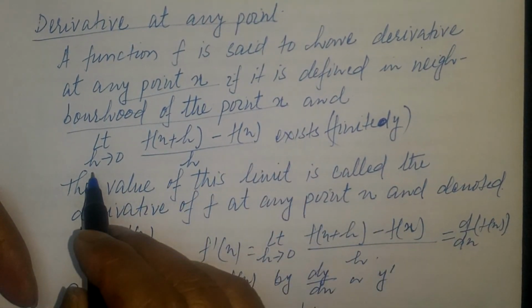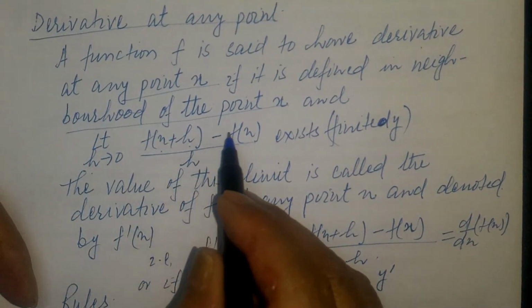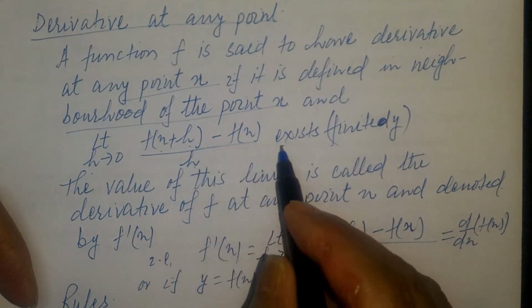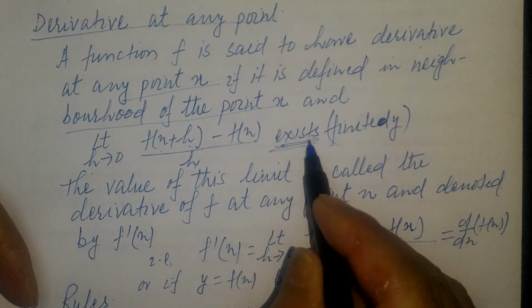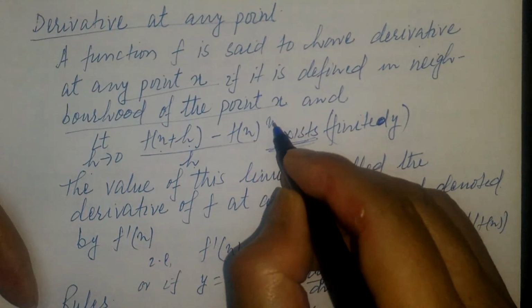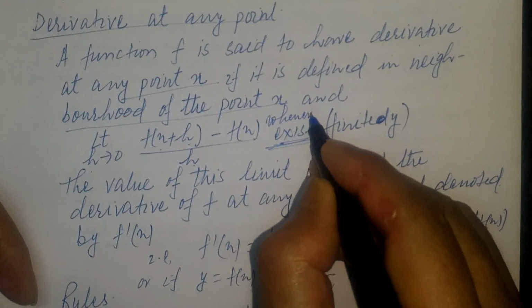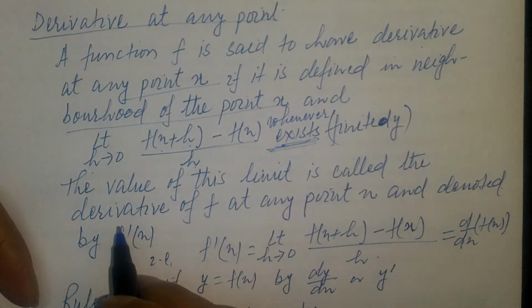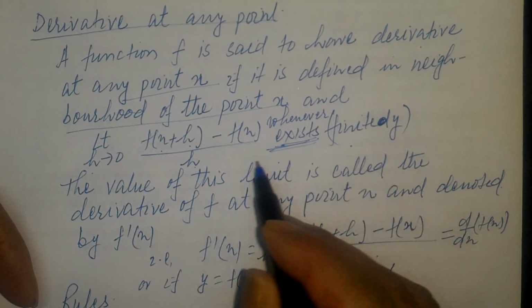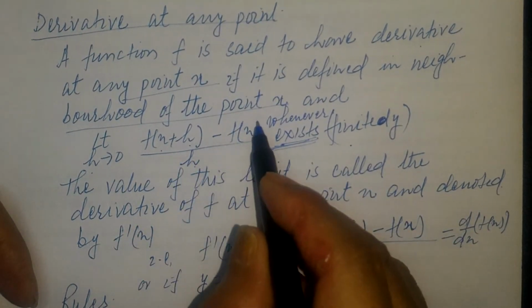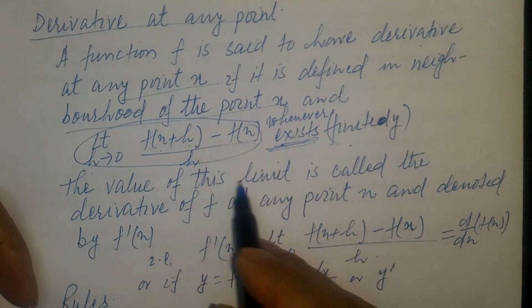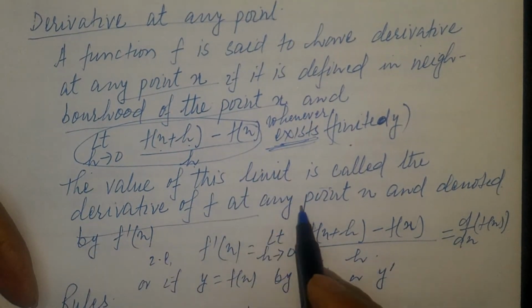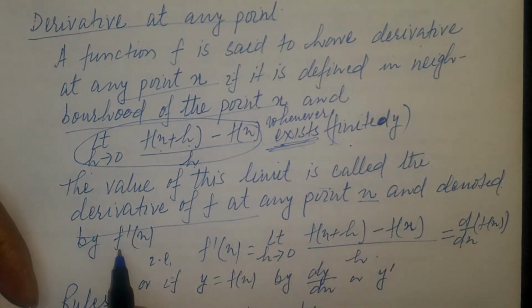Then if the limit h tends to 0, f of x plus h minus f of x by h exists finitely, the value of this limit is called the derivative of f at any point x and is denoted by f dash x.